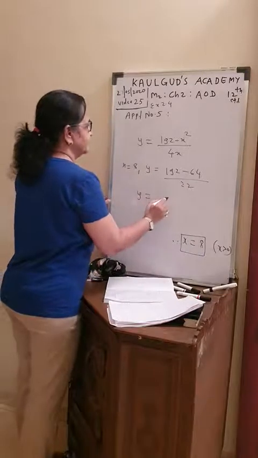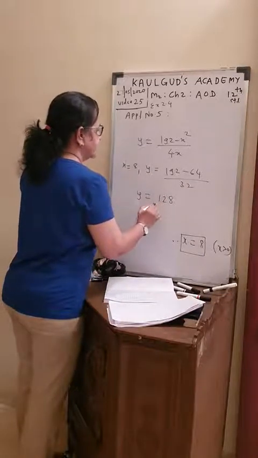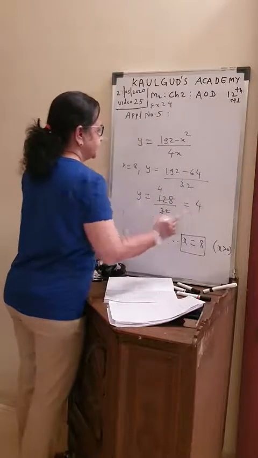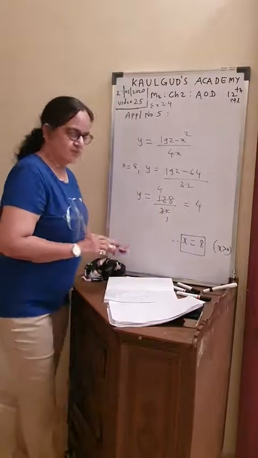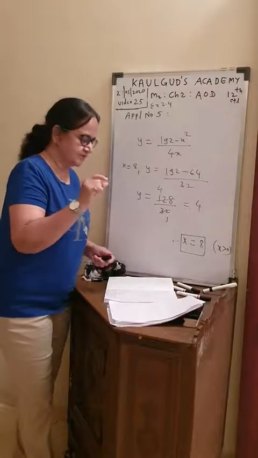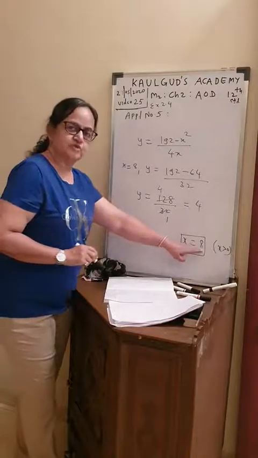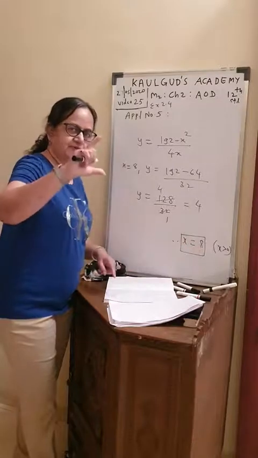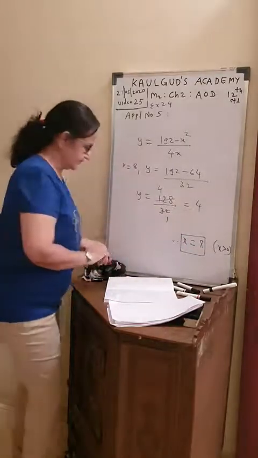So how much is the y value? 128 by 32, 32 4s are 128. So y is coming out 4. So write your answer below. Dimensions of the box: side of the square base equal to 8 centimeters and height of the box 4 centimeters.